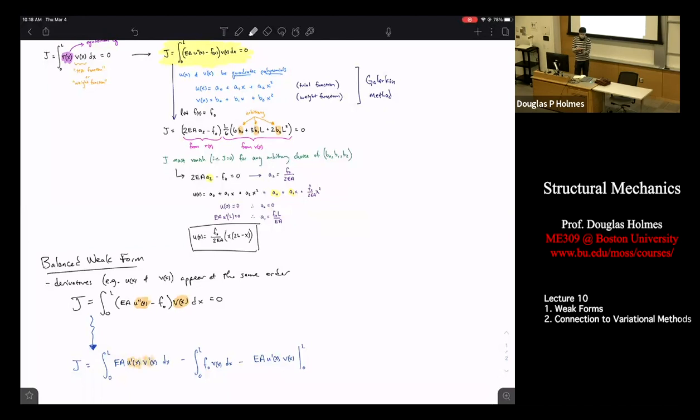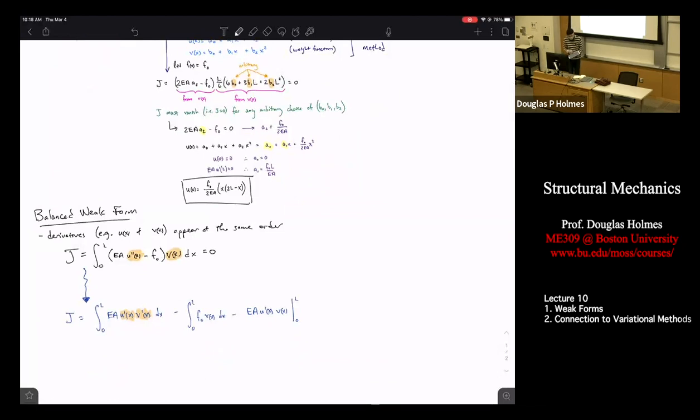And now our computer is happy because U enters as U prime, V enters as V prime. Why does that matter? It matters because the smoothness, which is basically how many times can you take derivatives of your guess function, smoothness requirements are the same.